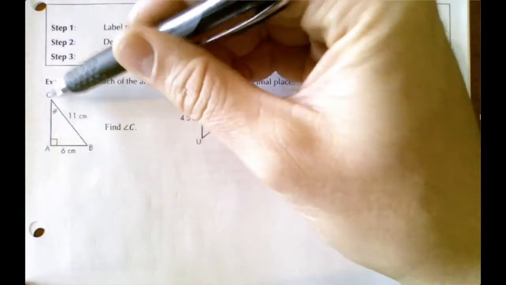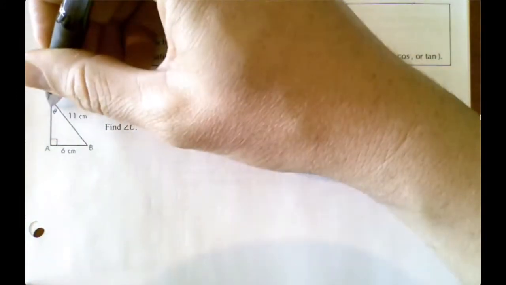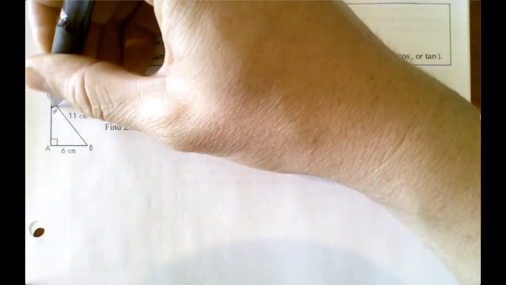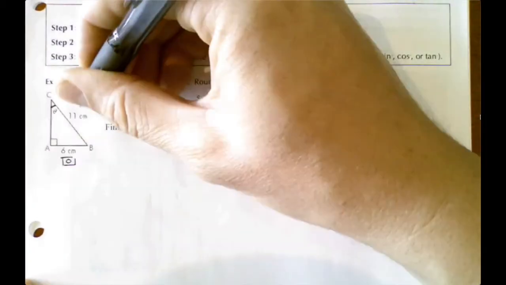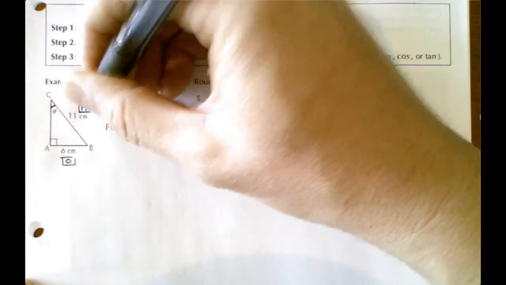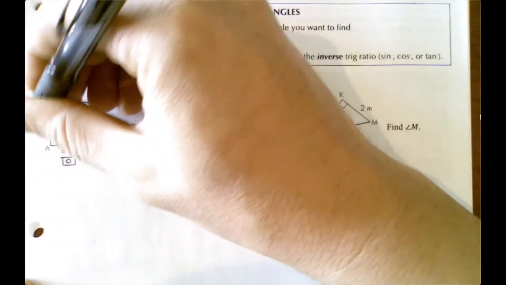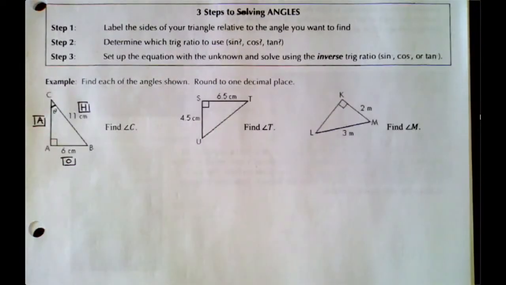Triangle ABC. Well, if we're talking about angle C, because we want to find angle C, our opposite side would be down here. Our hypotenuse side would be right here. And our adjacent side would be our leftover side, AC. So this time we know 2 sides.